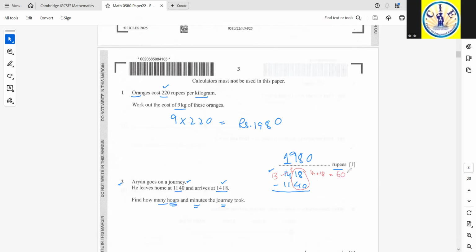That means 60 minutes plus 18 minutes, that is 78 minutes. And now from 78 minutes, I need to subtract this 40 to have 38 here. 38 minutes and 13 minus 11 will give me 2. That means the journey lasted for 2 hours and 38 minutes.